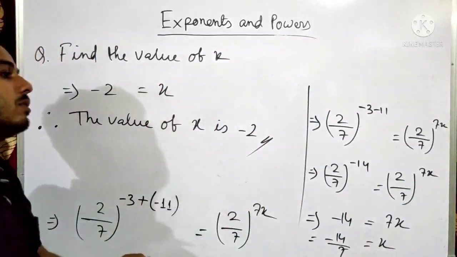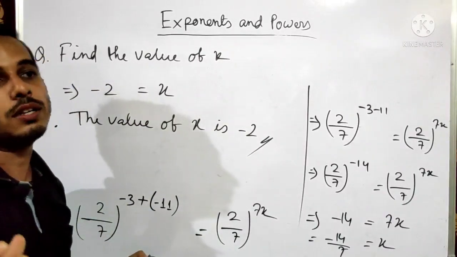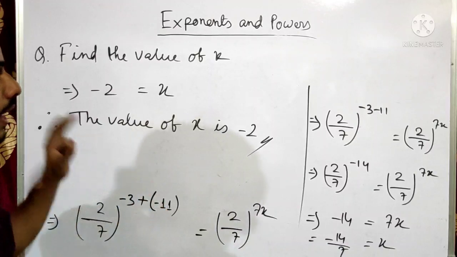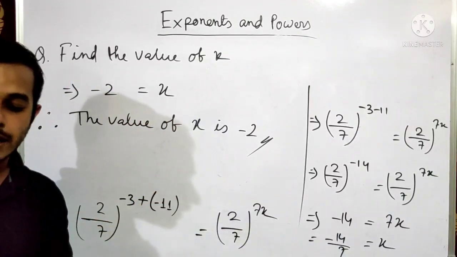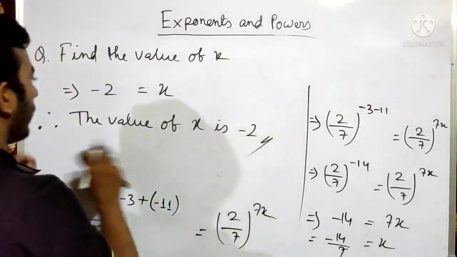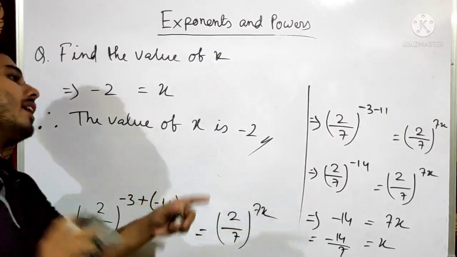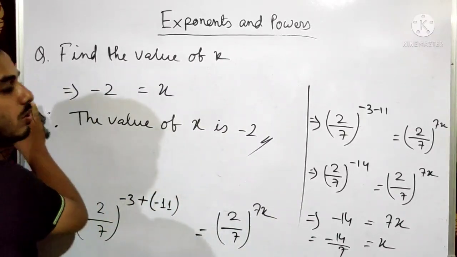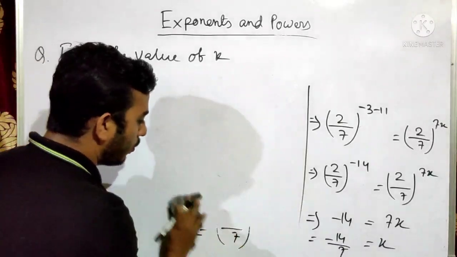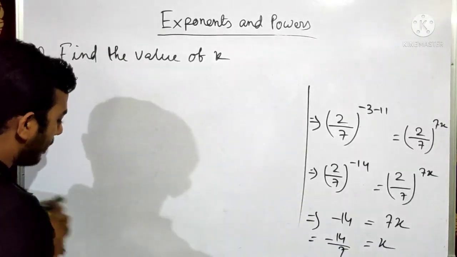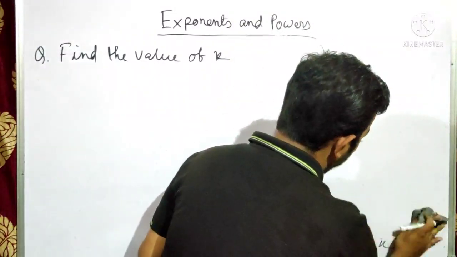Clear? Very good. Let us solve one more, and I hope then you will be more clear. Next, same question, find out the value of x, but the expressions are different. Next one is 1 by 5 and this one is 2 by 7. Same thing, just know the relation. Again and again I am telling, know the relation. If you don't know how to ride a bicycle, how will it be possible to ride a motorcycle?